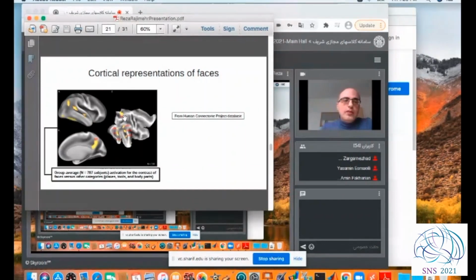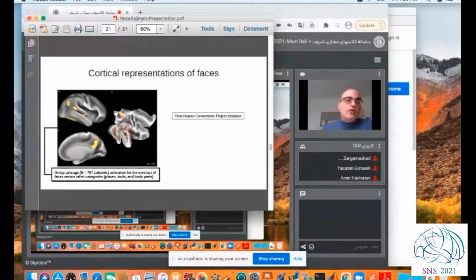And also some people just assume that everything should be in temporal cortex. They don't even have a slice to cover this region, or even if they have slices, they don't look at this region. They just think this region is junk. Let's go and look at temporal cortex.